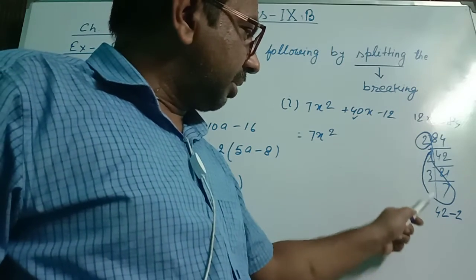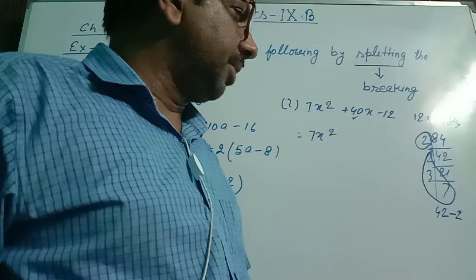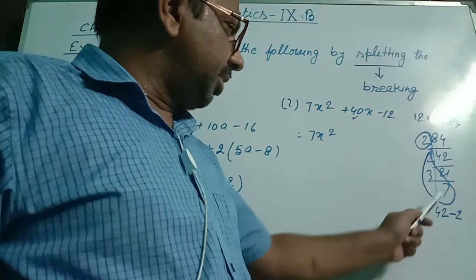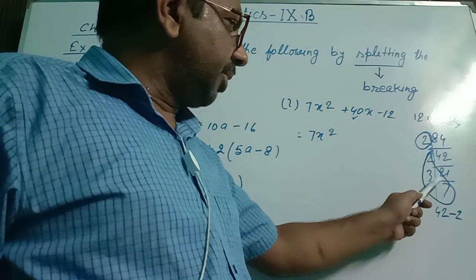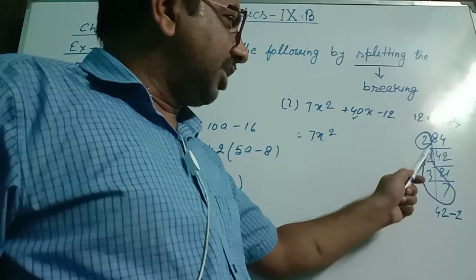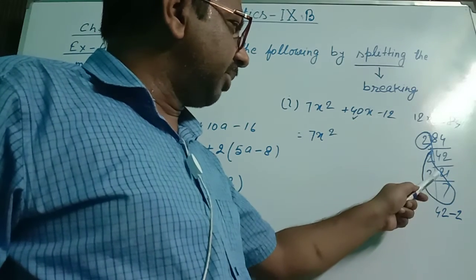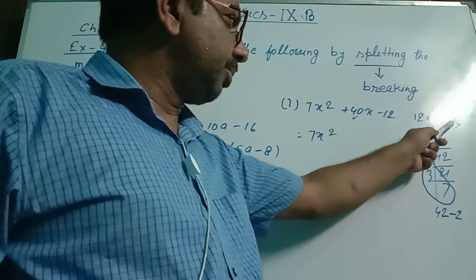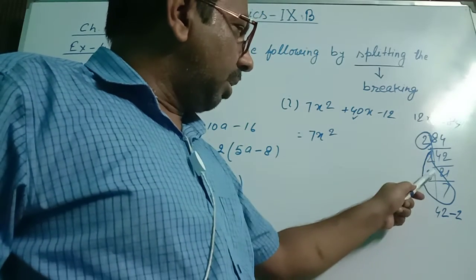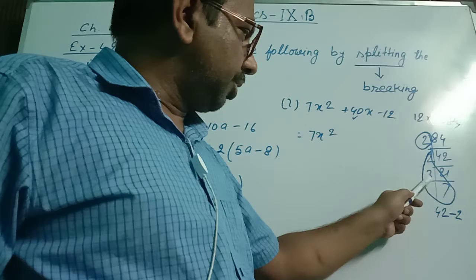From these prime factors, I prepare two groups of numbers in such a way that the addition or subtraction of those two groups should be equal to 40x, and the multiplication should be equal to 84. The first group is 2, 3, 7.